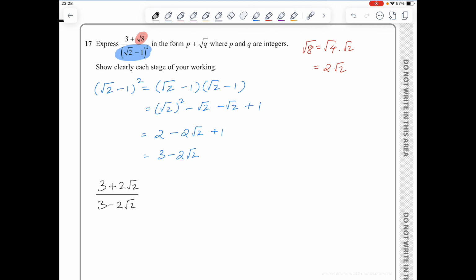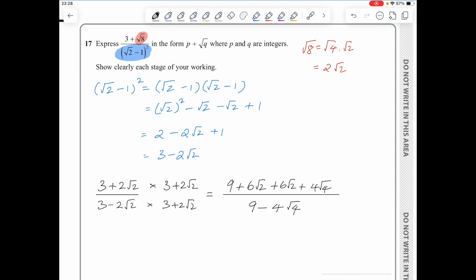And I will rationalize the denominator by multiplying top and bottom by 3 plus 2 square root of 2. So now if I expand, I will get the following: 9 plus 6 square root of 2 plus 6 square root of 2 plus 4 square root of 4 over 9 minus 4 square root of 4.